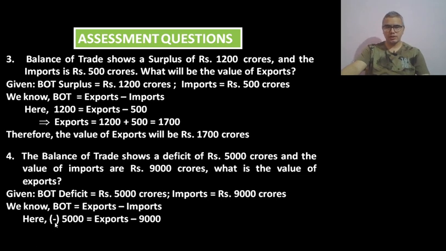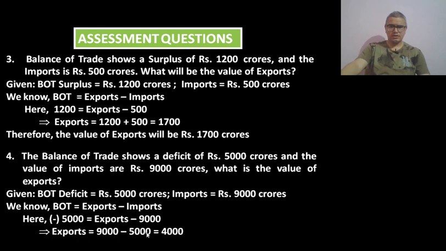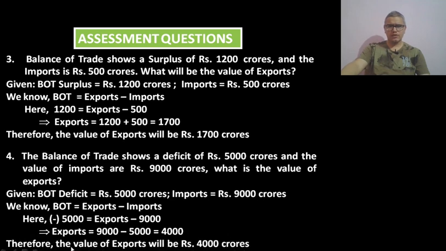So whenever we depict it by minus over here, it will be easy for us to solve the calculation. So deficit means minus, so minus 5,000 equals exports minus 9,000. After calculating, we get 4,000 as the answer. So the value of exports is rupees 4,000 crores.